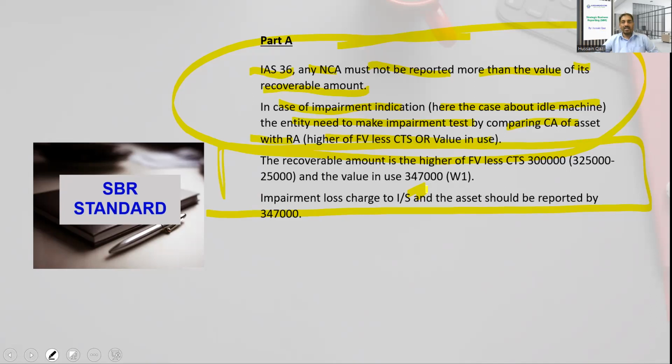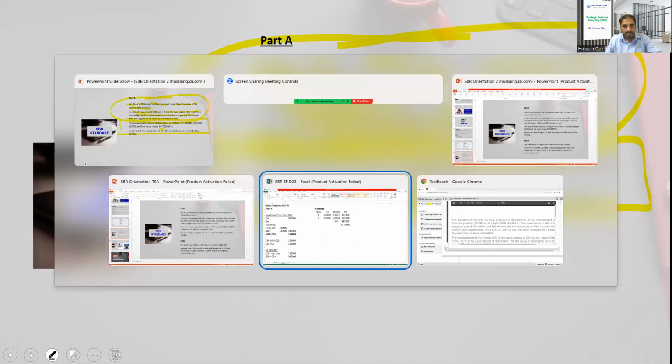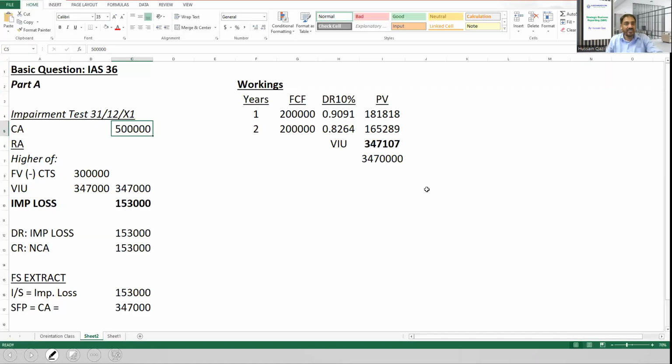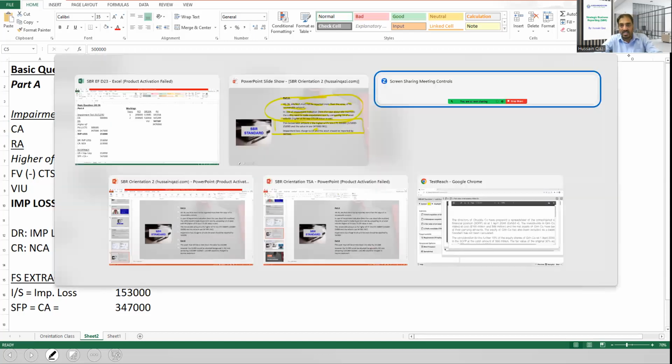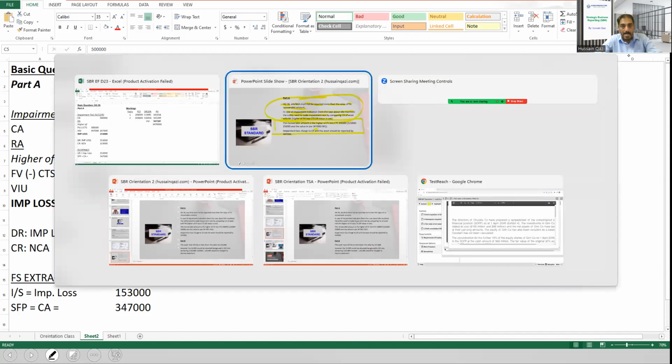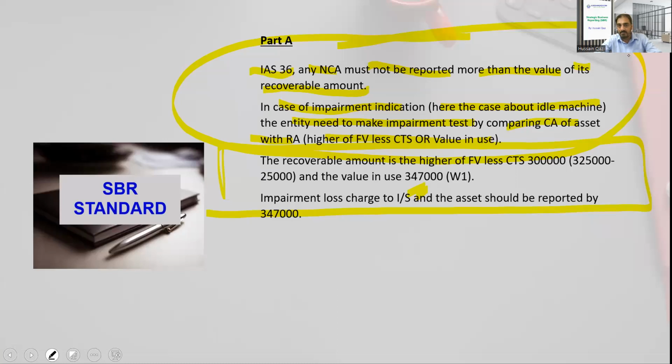This is the part A. So the important point is that you need to compare the answer. This is F7, and this is SBR. That's a clear difference.